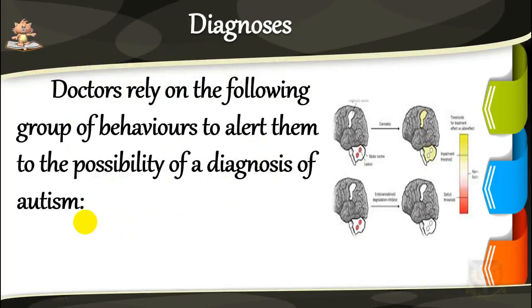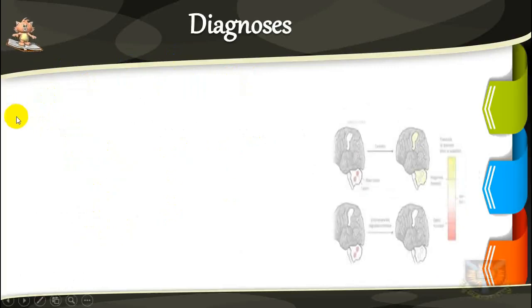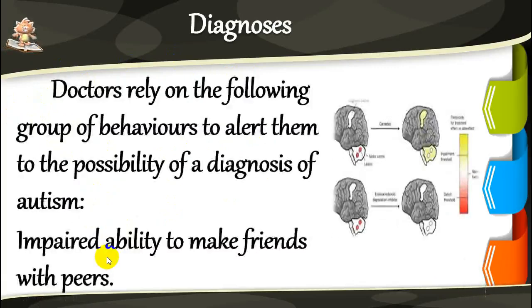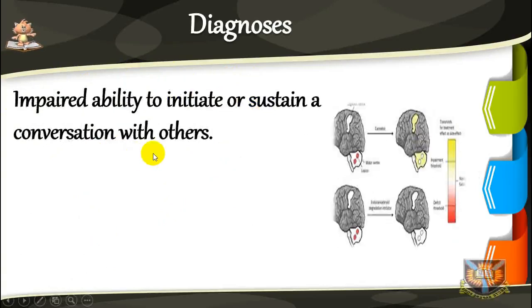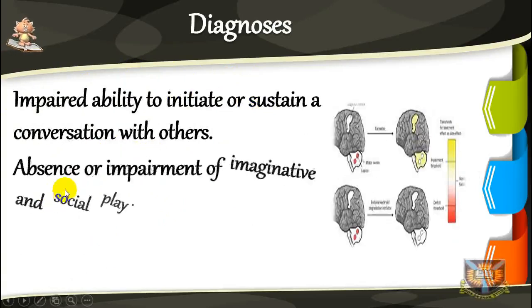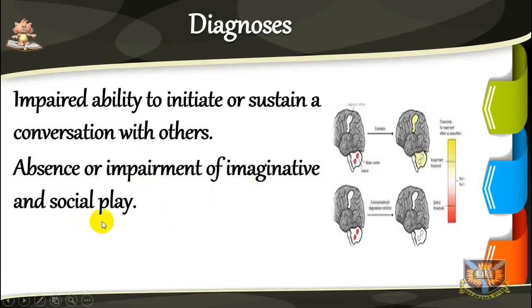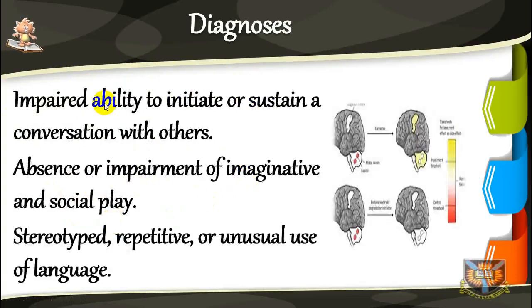These behaviors are: 1. Impaired ability to make friends with peers. 2. Impaired ability to initiate or sustain a conversation with others. 3. Absence or impairment of imaginative and social play. 4.